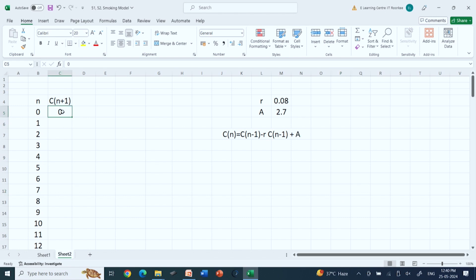And the initial value is taken to be 0, we assume there is no cadmium.